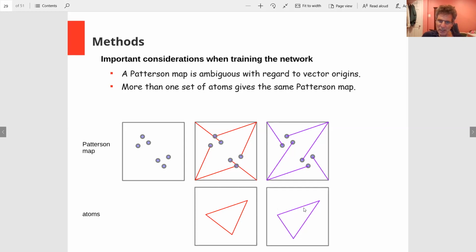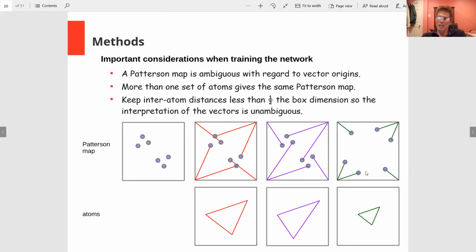And if you take these vectors here and you move them to the origins, they will look like this. And actually, this Patterson map is the same as this Patterson map because the Patterson map doesn't have the lines. It only has the peaks. And it's not clear in these two maps where the origins are.